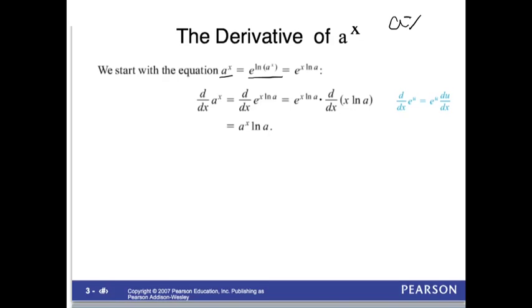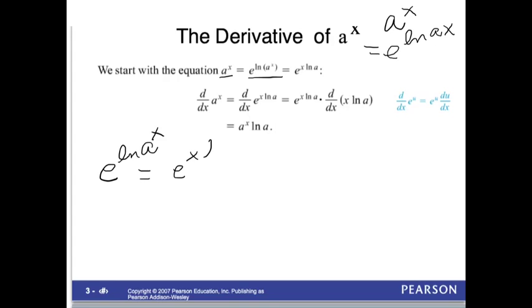A to the x can be written as e to the ln of a to the x. Remember, e to the ln of anything is anything, and so we can write e to the ln of a to the x as equal to e to the x ln of a.